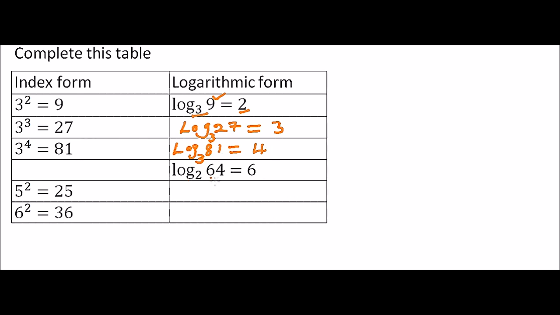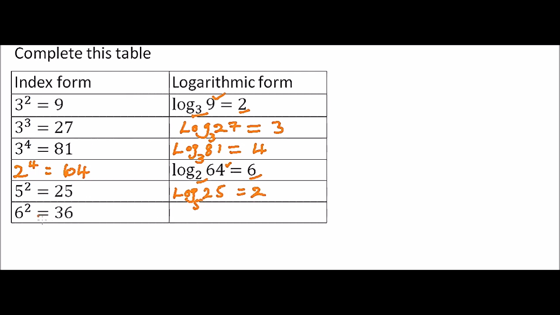Here we have been given logarithmic form, and therefore we are supposed to write the index form. So note here that 2 to power 6 is equal to 64. So we write 2 to power 6 is equal to 64. This one you say the logarithm of 25 to base 5 is equal to 2.